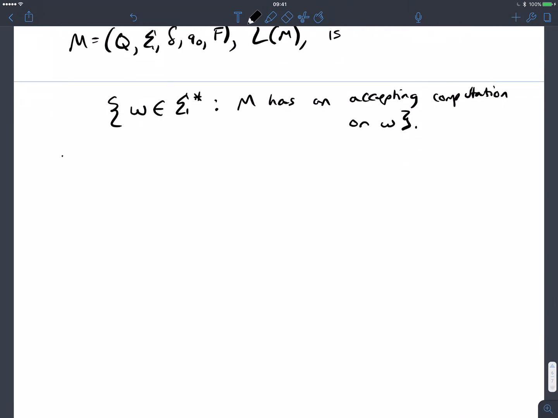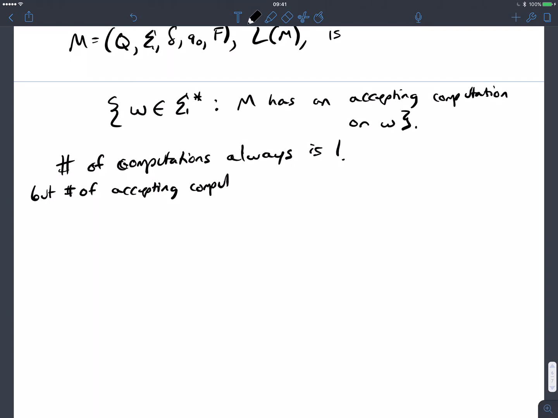So the number of computations always is 1, but the number of accepting computations can be either 1 or 0. In the case of accepting, it's 1, and not accepting, it's 0.